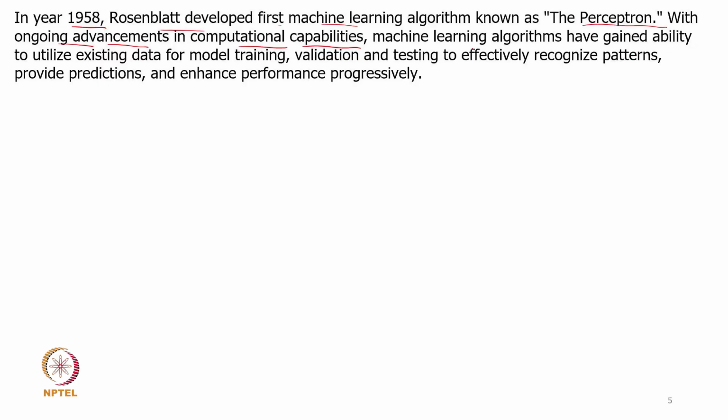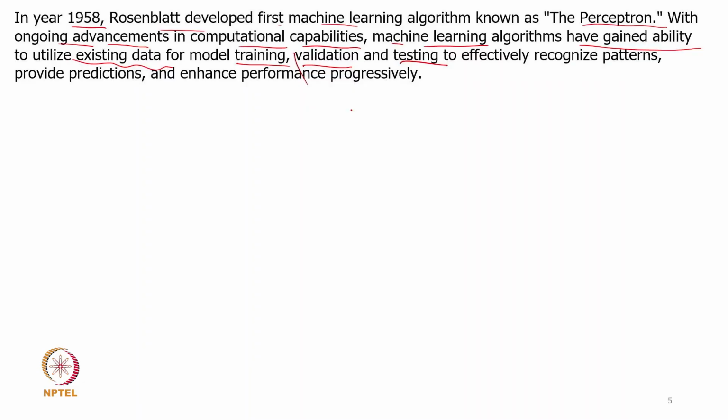So we can see that with computational capabilities, machine learning algorithms have gained the ability to utilize existing data for model training. That's a new thing. Then validation and testing. Often books say training and then validation, and some books say only training. Like the curve fit methods available for years, an optimization method for years, we mostly go for the training side.